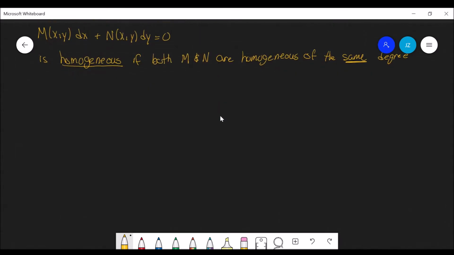Now, let's suppose that M and N are homogeneous of degree alpha.